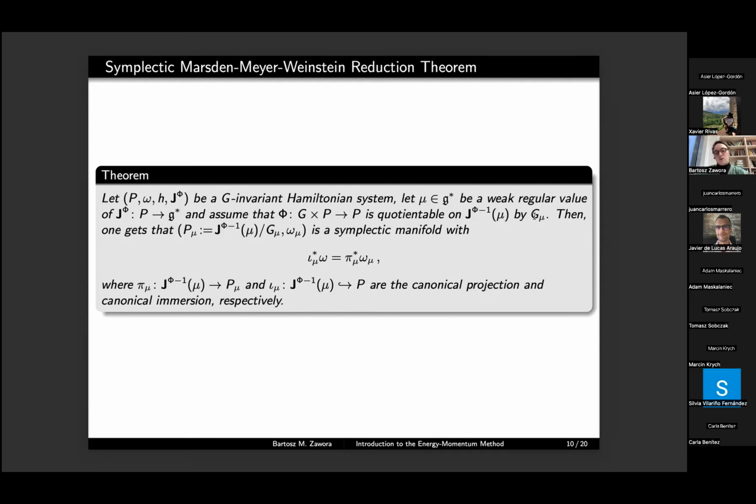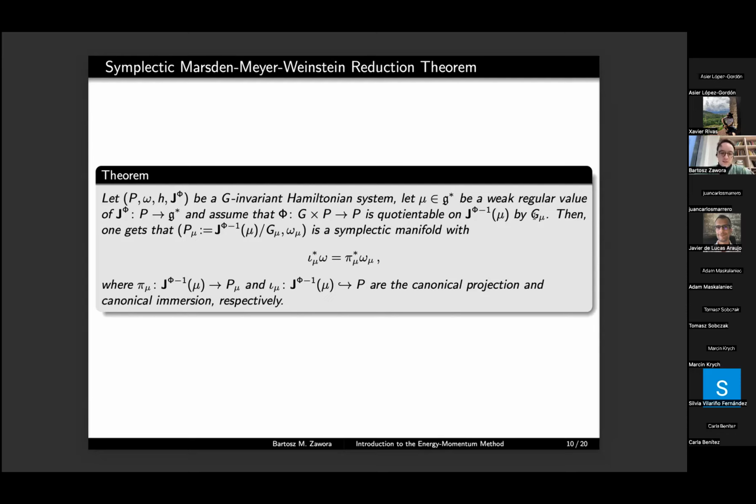Then we get the orbifold structure on the quotient space, and in reduction theory, it is a very popular condition to require that the Lie group action is only proper, for instance.